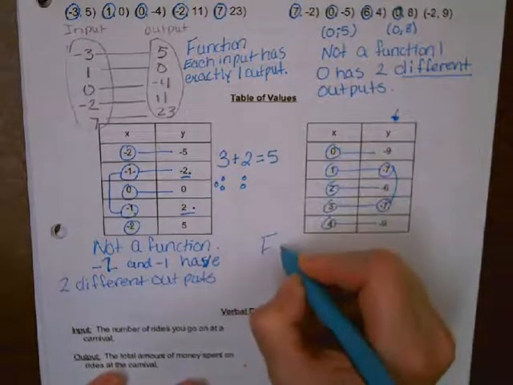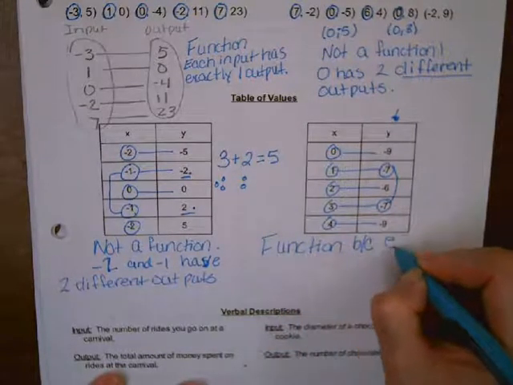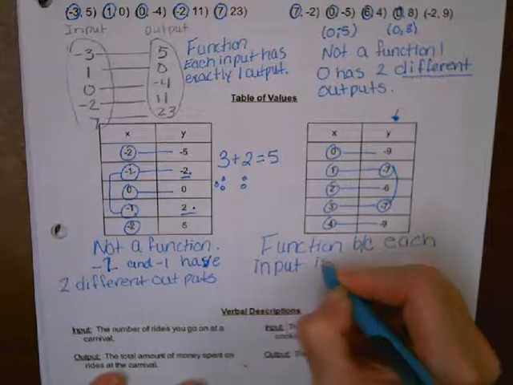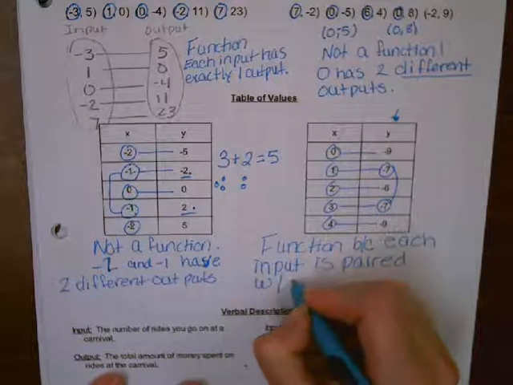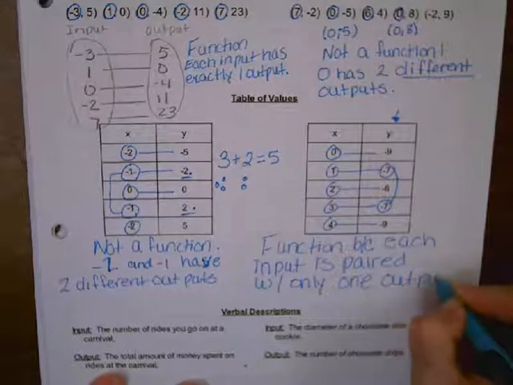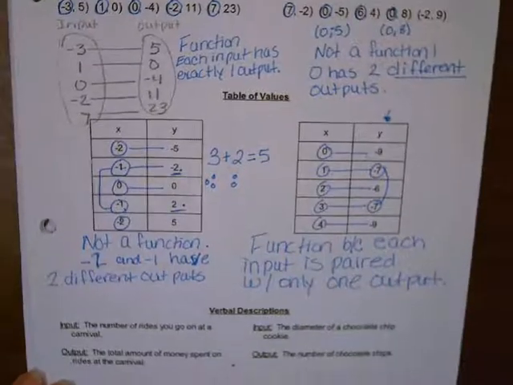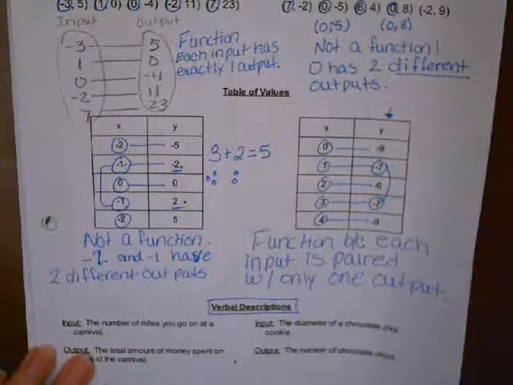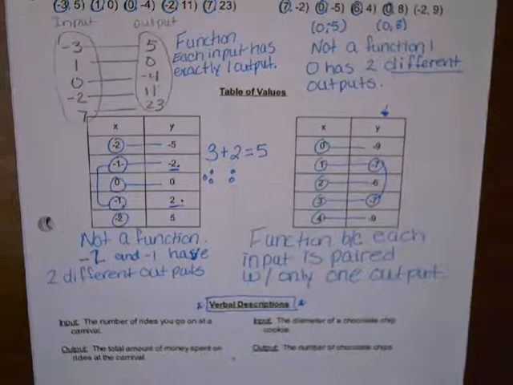This one is a function because each input is paired with only or exactly one output. Okay? We will come back to verbal descriptions. These tend to get a little bit more challenging. We have to think about those a little bit, so we'll come back to those.